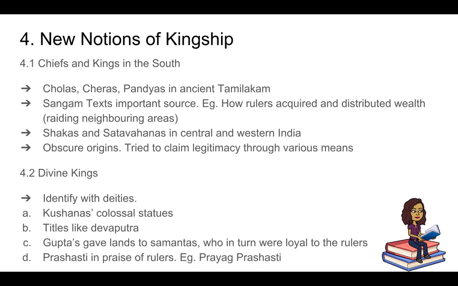One of the most outstanding examples is the Prayag Prashasti, which describes Samudragupta as one of the most powerful kings, who is equal to Indra, equal to Varuna, equal to Yama, the god of death, in his power, and he is rich as Kubera and so on. So these were different ways in which the kings were trying to claim legitimacy, especially if they had overthrown a previous dynasty and their own origins were less than elite.